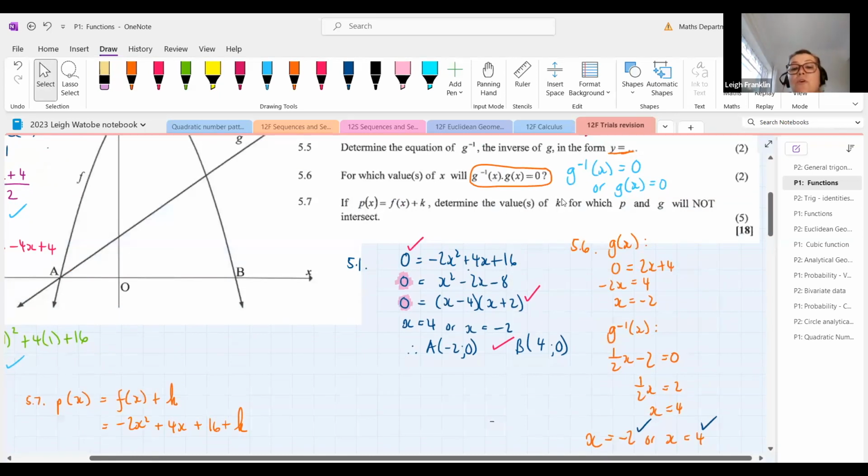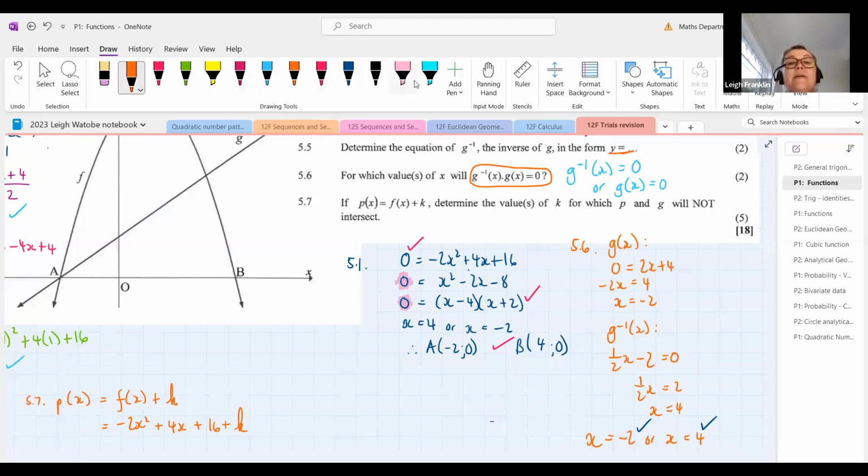Now they want us to solve for the values of k for which P and G will not intersect. This seems a little bit strange because we're saying that they're not going to intersect, but this is the application of the nature of roots. What we need to do now is equate P and G, get it into standard form, and then answer our question based on the value of the discriminant when graphs are not intersecting.